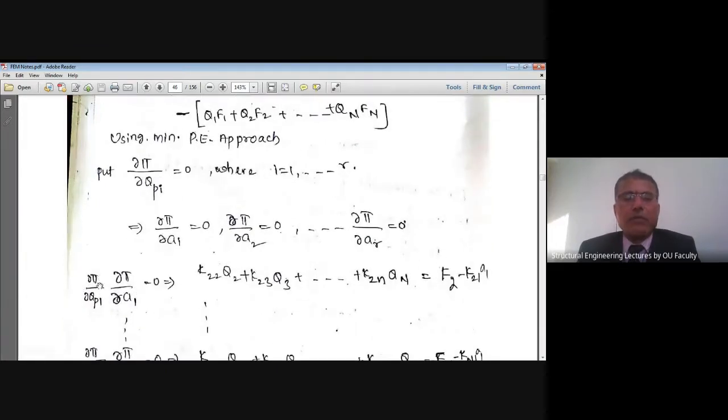∂π/∂P1 along the specified boundary condition. I'm differentiating with respect to the degree of freedom with the specified boundary condition.